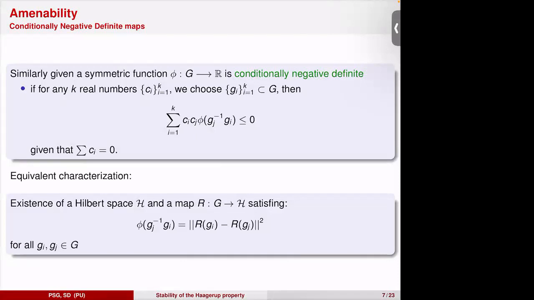A function is conditionally negative definite if there exists a Hilbert space and a map from the group to that Hilbert space which satisfies this equation: whatever elements gi and gj you take from the group, the value on the element gj inverse gi will be like this, the difference of the vector norms squared.